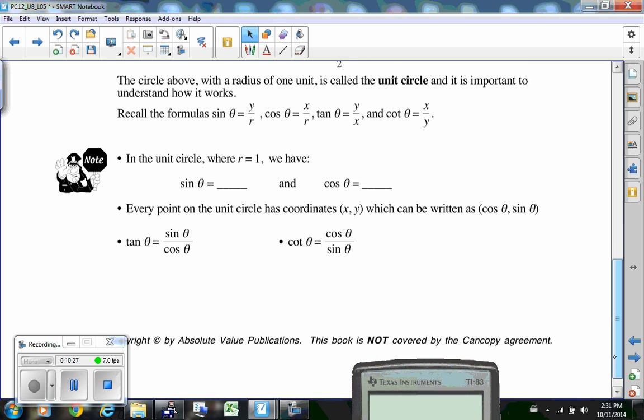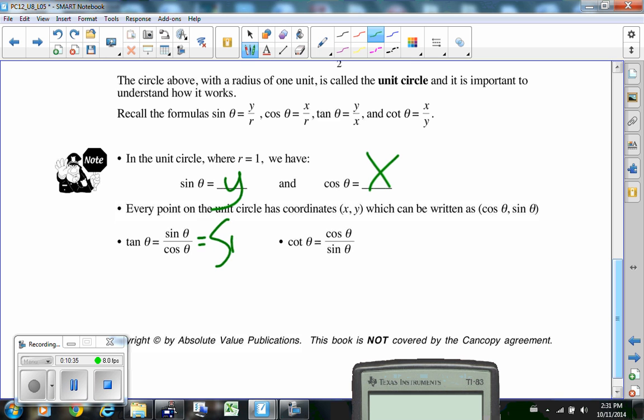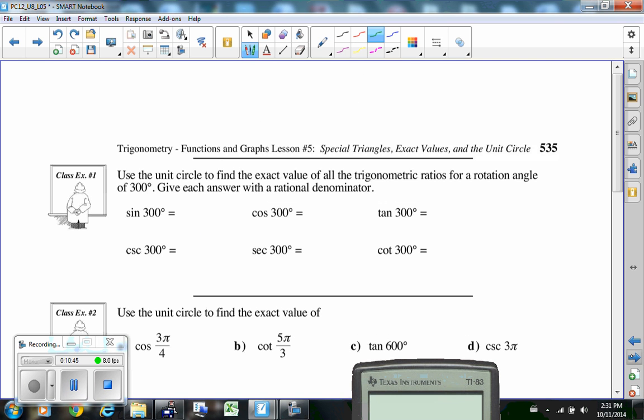So here's all our formulas, and if r is 1, the sine is the y, the cos is the x, the tan is the slope, and the cotan is 1 over the slope. But just ignore that. So sine 300. Look at your unit circle.